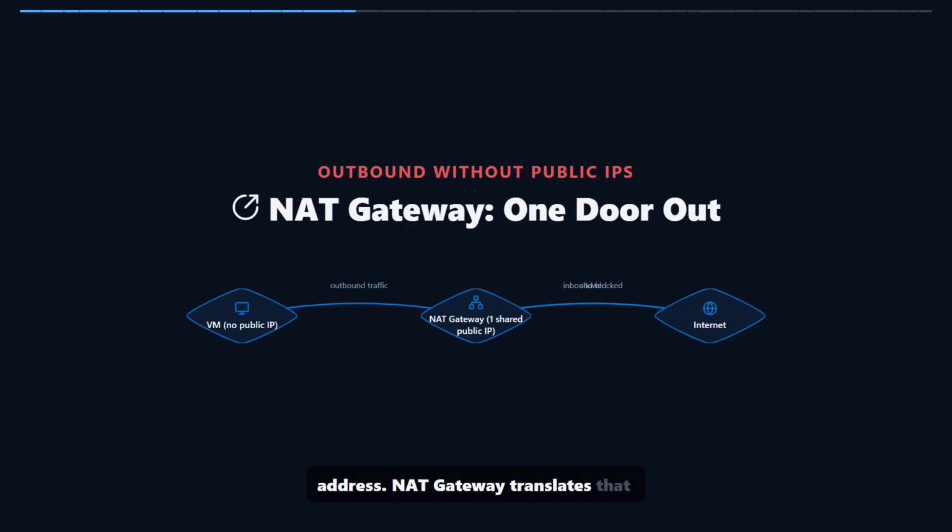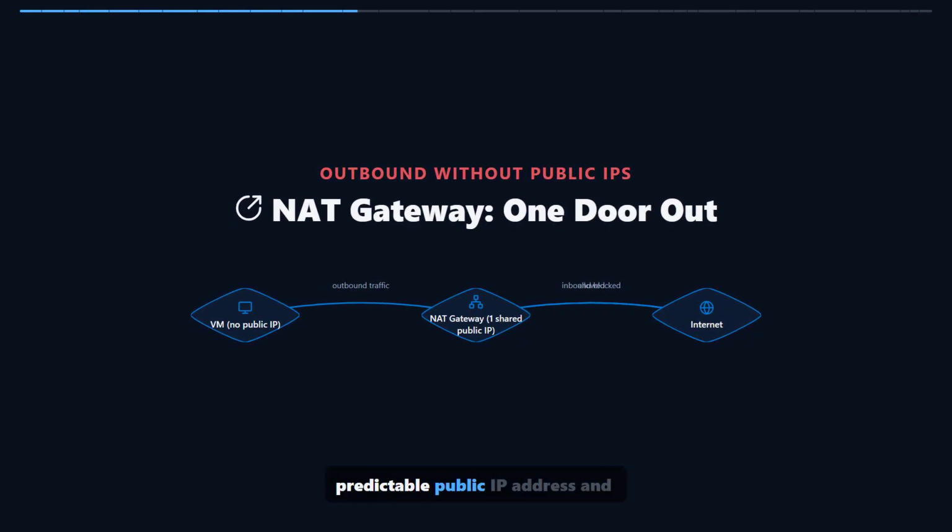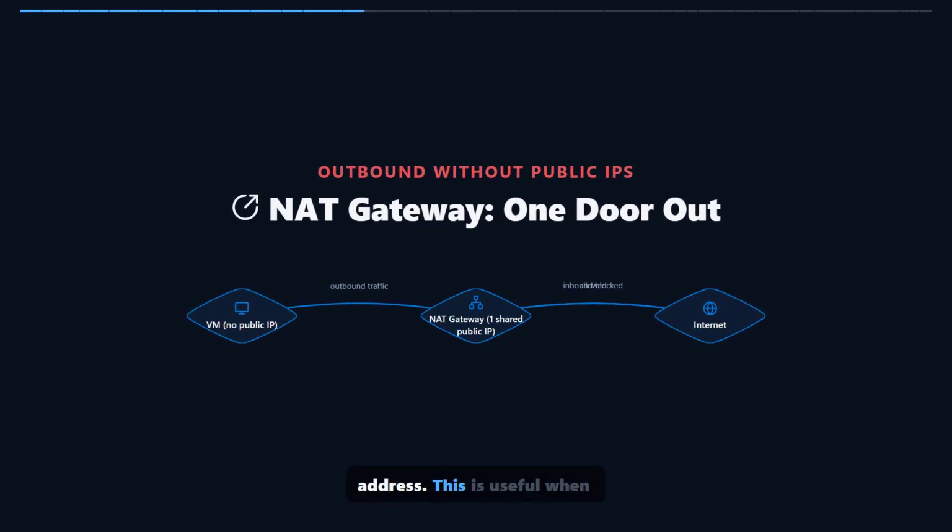NAT Gateway translates that private source address into a predictable public IP address and sends the traffic to the internet. The external service sees the NAT Gateway's public address instead of the VM's private address. This is useful when a vendor needs to allow list your outbound IP.